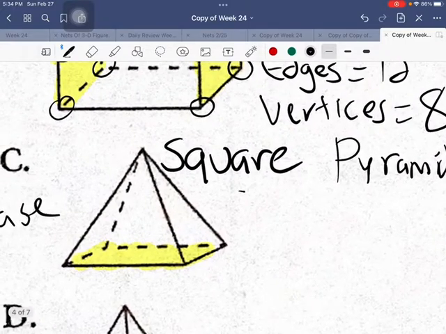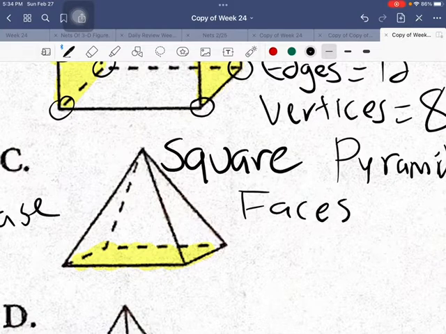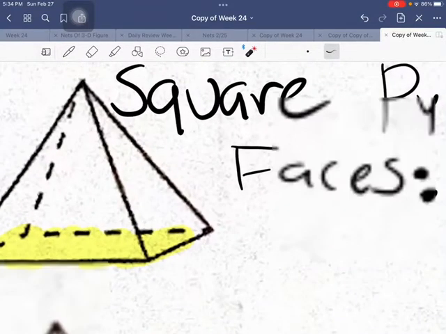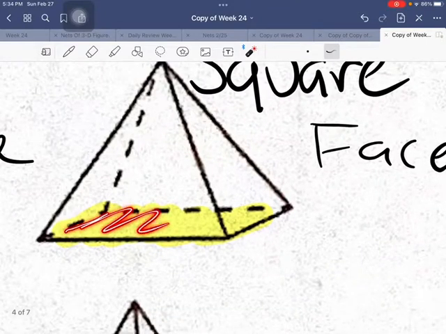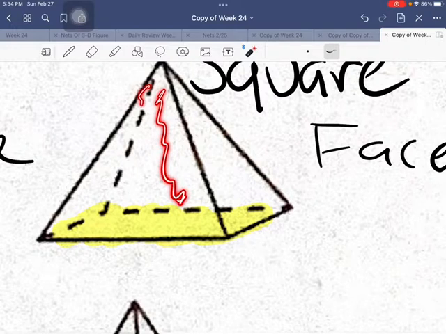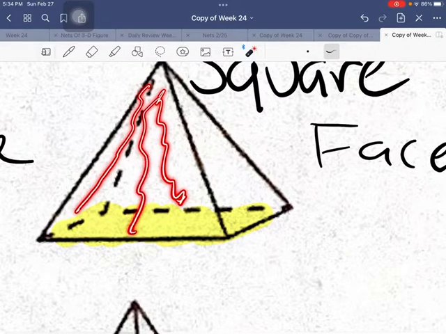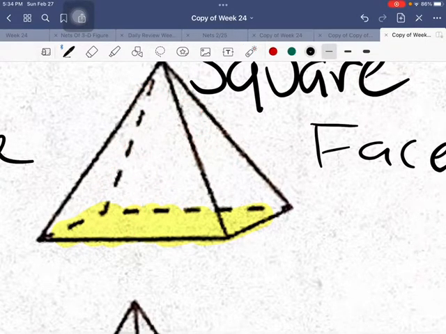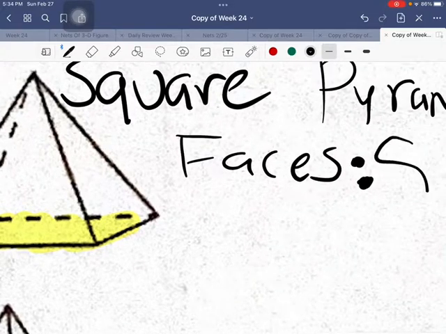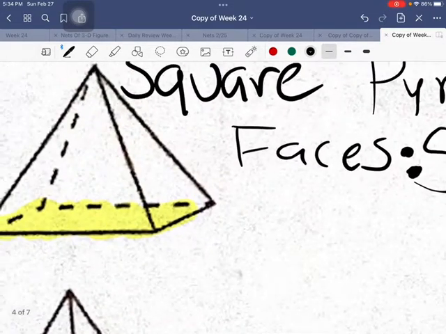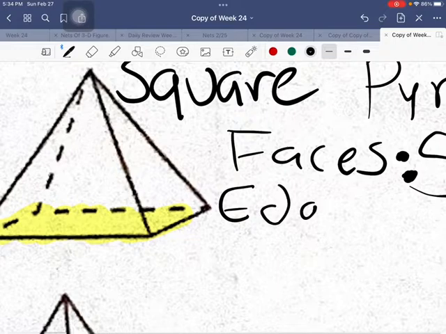Now, how many faces does it have? Pues vamos a checar. Let's see. It has 1, 2, 3, 4, 5. Por fin. Yeah. 5 faces. How many edges? ¿Cuántos lados?